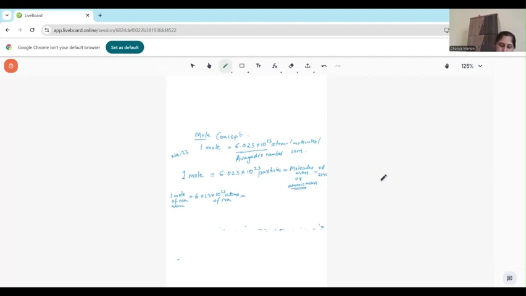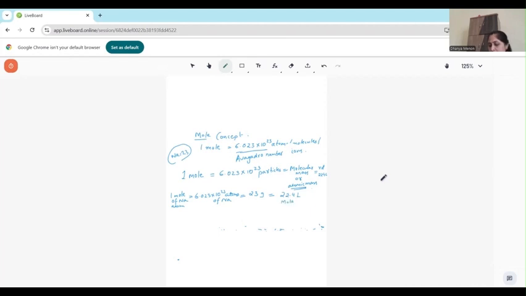I've already given 23. It weighs 23 grams, which is just the atomic mass of sodium. And what is the volume occupied by 1 mole of sodium atom? It is 22.4 liters, and this 22.4 liters is called the molar volume.